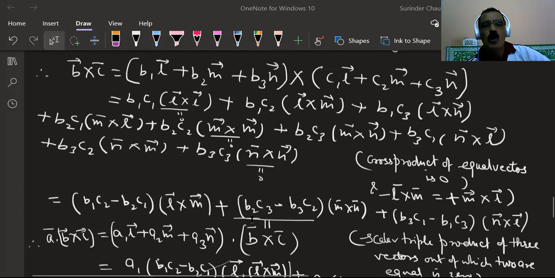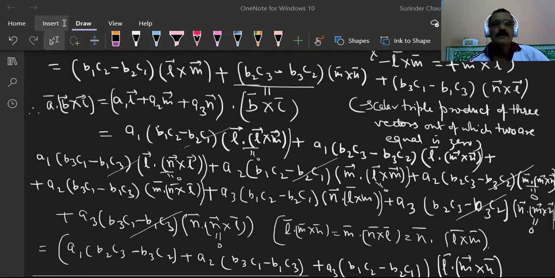L cross M will be common, and the coefficient will be B1 C2 minus B2 C1. Similarly, we combine the terms of M cross N and N cross L. Now we have B cross C as a single vector.